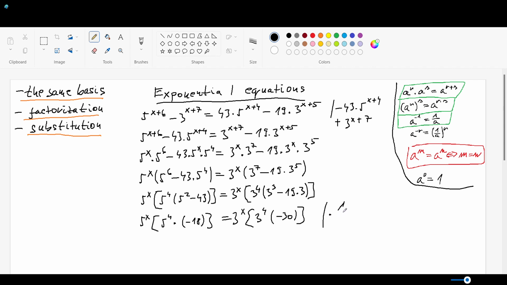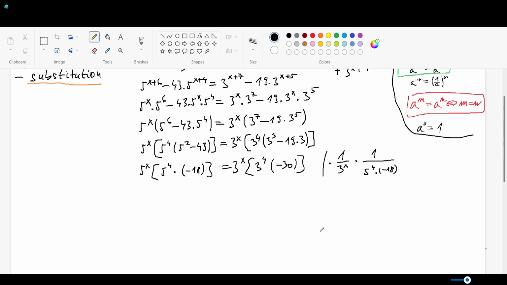So we simply multiply both sides by 1 over 3 to the power of x times 1 over 5 to the power of 4 times negative 18. If you want to play around with the big numbers and then simplify them, you can do it, but it's really not a good idea, and it's definitely not a clever idea.